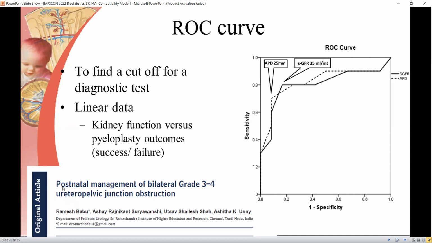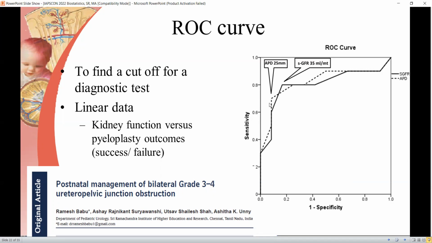For example, we did this study on postnatal management of bilateral ureteropelvic junction obstruction. We wanted to see what kind of pelvis size or what kind of GFR can predict that the opposite kidney will need a pyeloplasty. These kinds of numbers are best identified by an ROC curve.